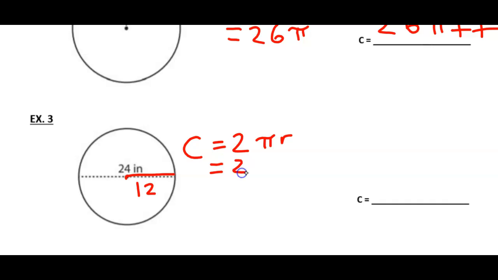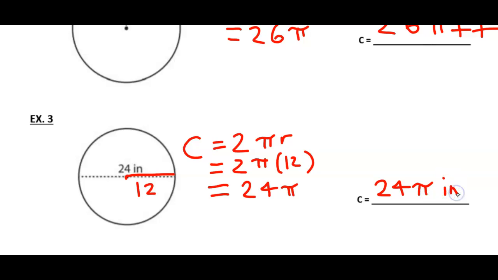So that's going to be 2 times pi times 12. And again, terms of pi means do not multiply the pi, but write the pi. So 2 times 12 is 24. And don't forget the pi. 24 pi, and my units of measure are, in this case, inches.